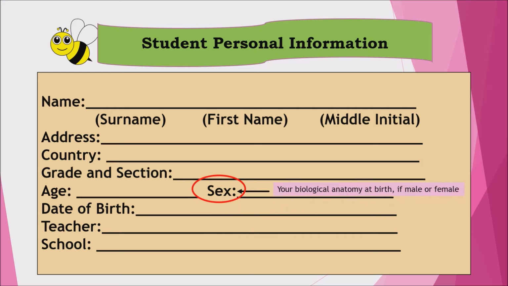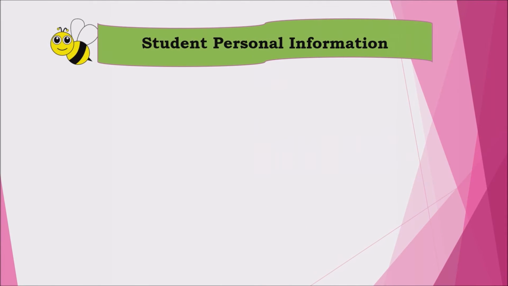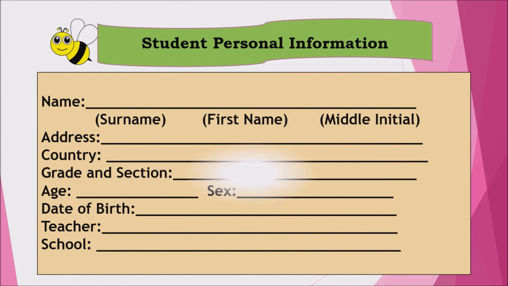It is your biological anatomy at birth, if you are a male or a female. Next to be answered is your date of birth. This is the day you were born. Remember that it can also be seen on your birth certificate.